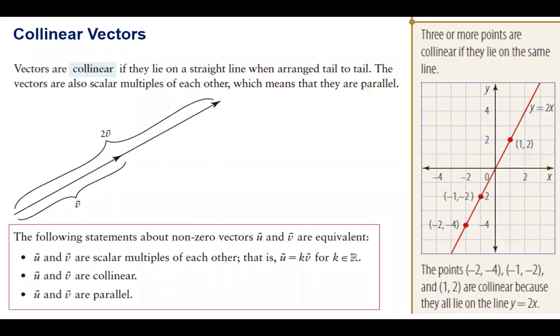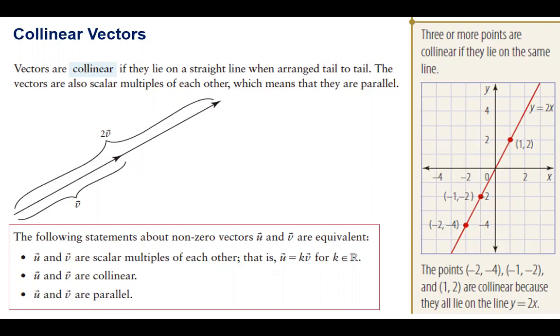So the following statements about non-zero vectors u and v are equivalent. First, vector u and vector v are scalar multiples of each other, which means we can have vector u equals k times vector v, where k belongs to the real number set.